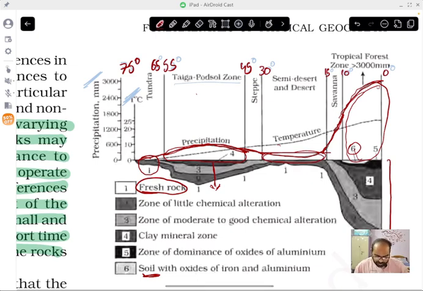Next, temperatures. See, from tundra to tropical regions, we see high temperatures. High temperature means more sun rays, and with more sun rays the earth materials expand. So more cracks develop, and there are more chances for weathering to take place.